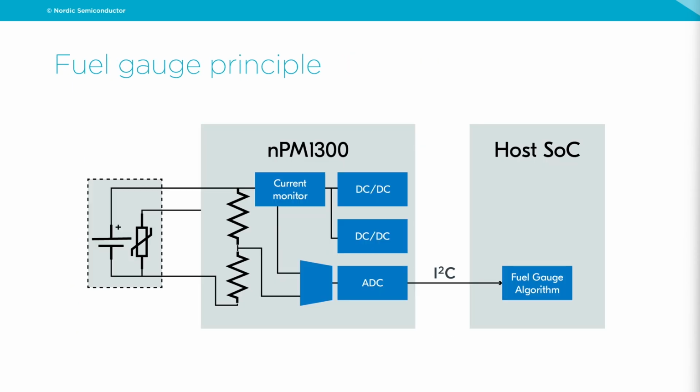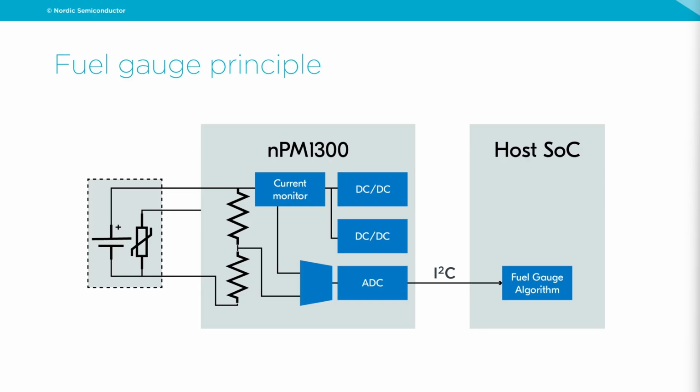The fuel gauge principle in the NPM1300 is quite simple. You have a battery that is connected to the NPM1300. Then you have this NPM1300 with its internal hardware that monitors current, voltage, and temperature. And then it sends this over I2C to your host SoC, which runs the fuel gauge algorithm.